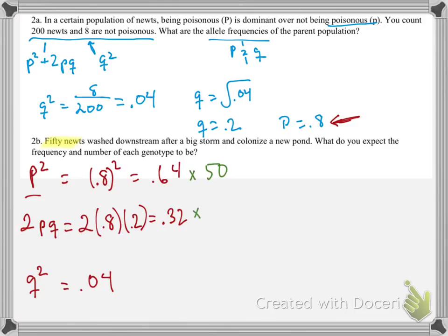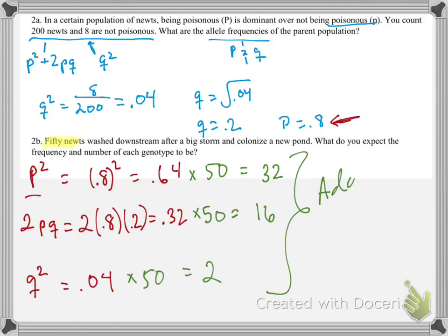So 64% of the population of 50 should be homozygous dominant. 32% of the population of 50 should be heterozygous, and 4% of the population of 50 should be homozygous recessive. So when I plug that in, I should get 32, I should get 16, and I should get 2. And if I've done this all correctly, what should happen to these? These should all add up to 50.